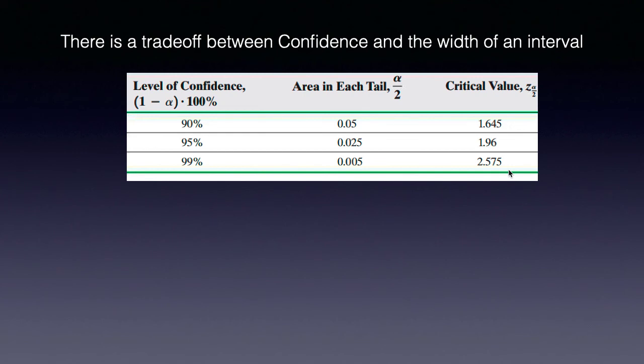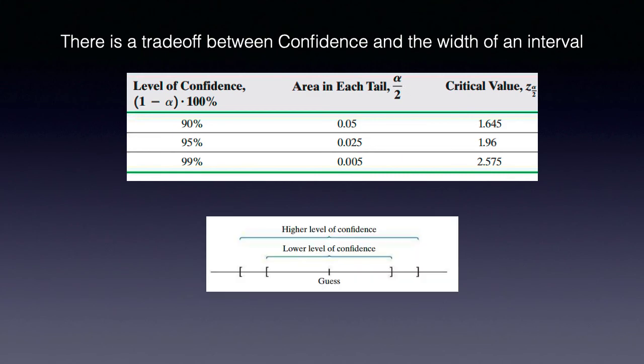And if you go back to the margin of error, z alpha over 2 times the square root of p hat times 1 minus p hat over n, as everything else stays fixed and your level of confidence increases, the z-score increases. So by default, the higher the level of confidence, the wider the interval becomes.